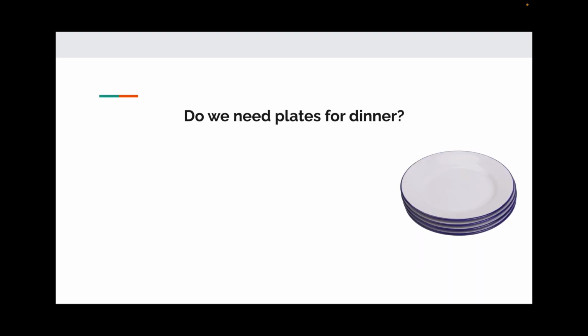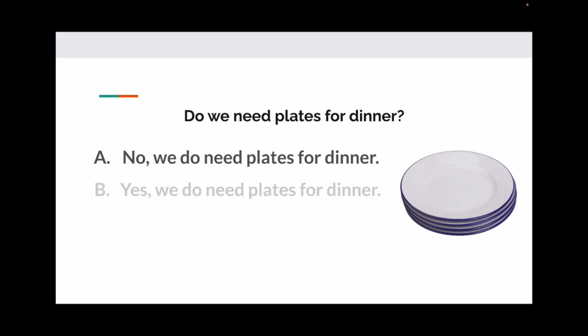Here we have a good question. Do we need plates for dinner? No, we do need plates for dinner. Yes, we do need plates for dinner. We do.